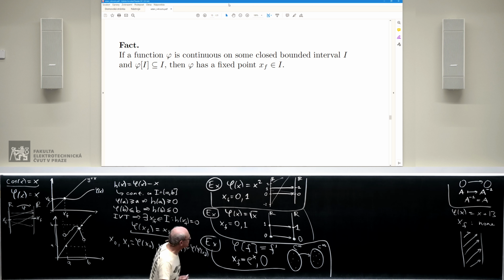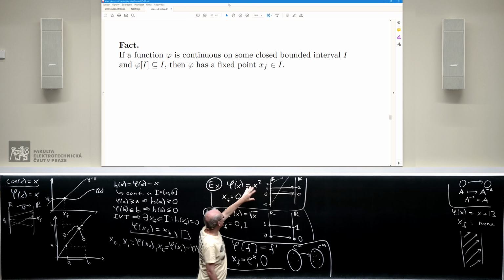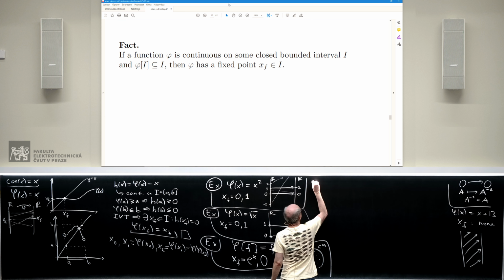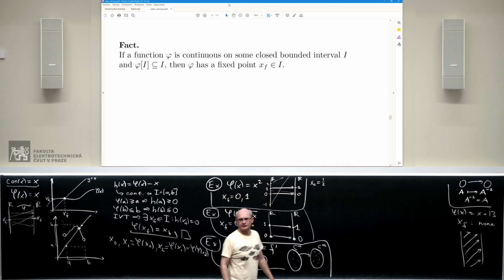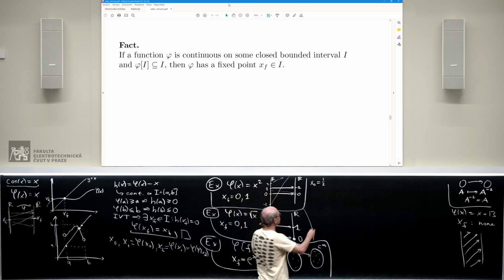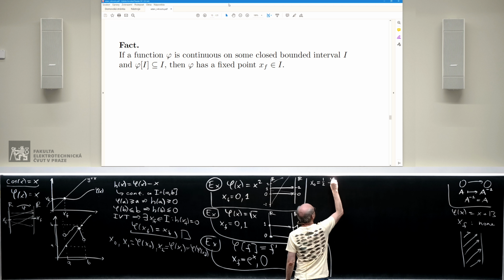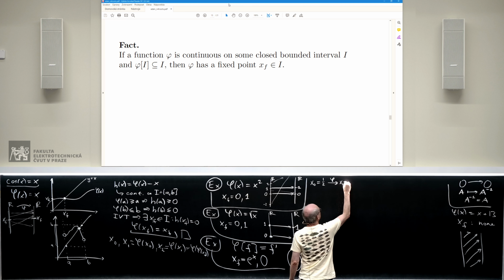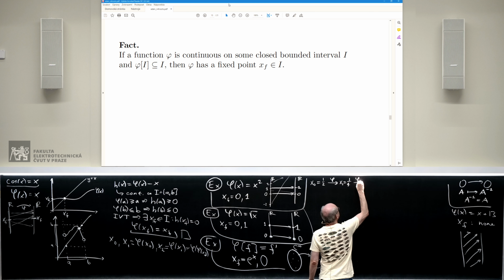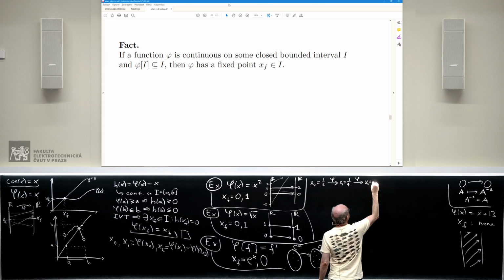Let's try some experiments. Okay, let's go to my example with x squared, the function x squared. Let's say that I try x0 equal to 1/2. This looks like a nice number. So I'm going to apply function phi to it, which is x squared. And I get x1, which is 1/4. Now I apply phi again, and I get x2, which is 1/4 squared, which is 1/16.